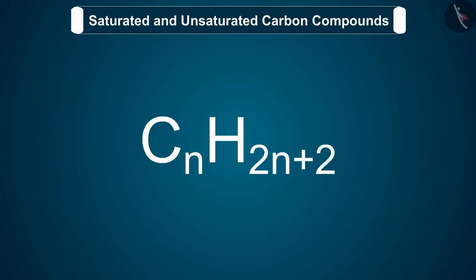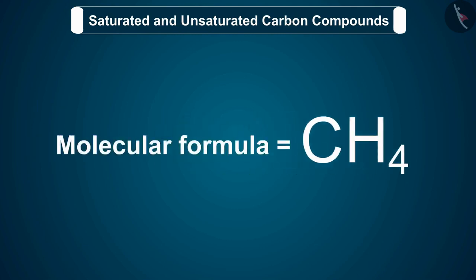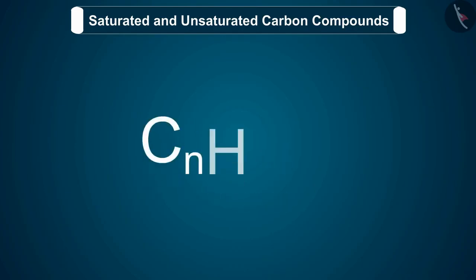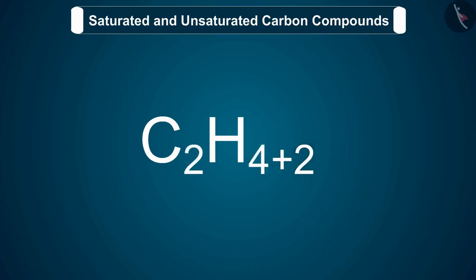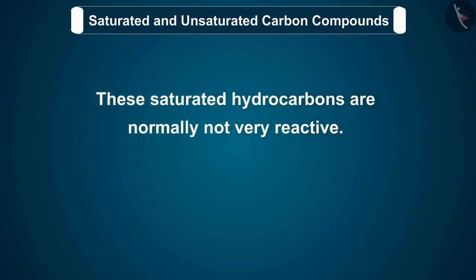If an alkane has one carbon atom in its molecule, n equals 1, and its molecular formula according to the general formula becomes CH4, which we call methane. 2. Similarly, if we take n equal to 2, we get ethane. These saturated hydrocarbons are normally not very reactive, that is, they are quite unreactive.